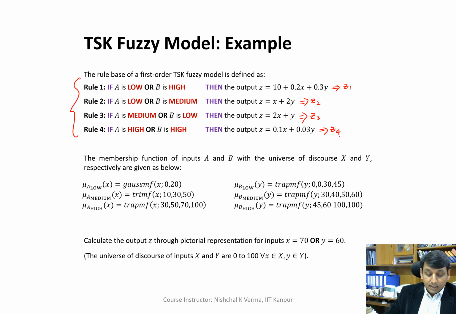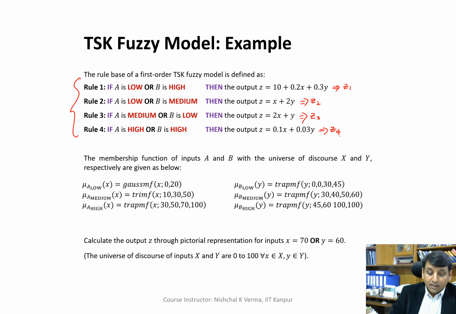So we have a TSK fuzzy model characterized by 4 rules, and each and every rule comes under the category of the first order TSK fuzzy model.